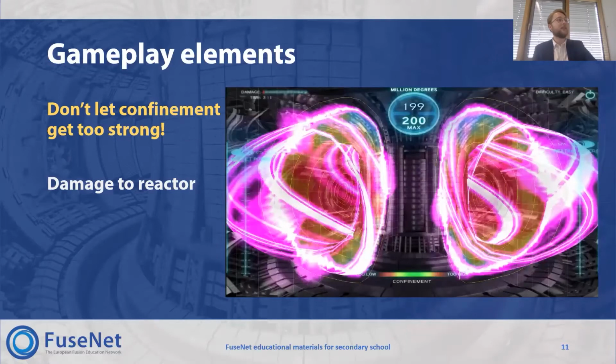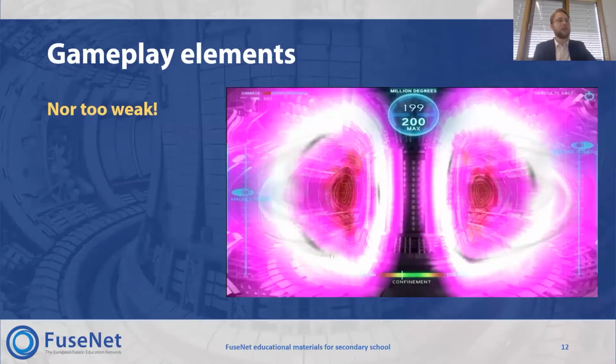You don't want to get confinement too high, because then your machine doesn't do well. It starts to damage the reactor wall. But you also don't want it to be too weak, because then the particles are no longer confined. They can get away, they can cool down, and while they cool down, they will radiate away a lot of energy. And that's also why you can see here that there's a lot more light.